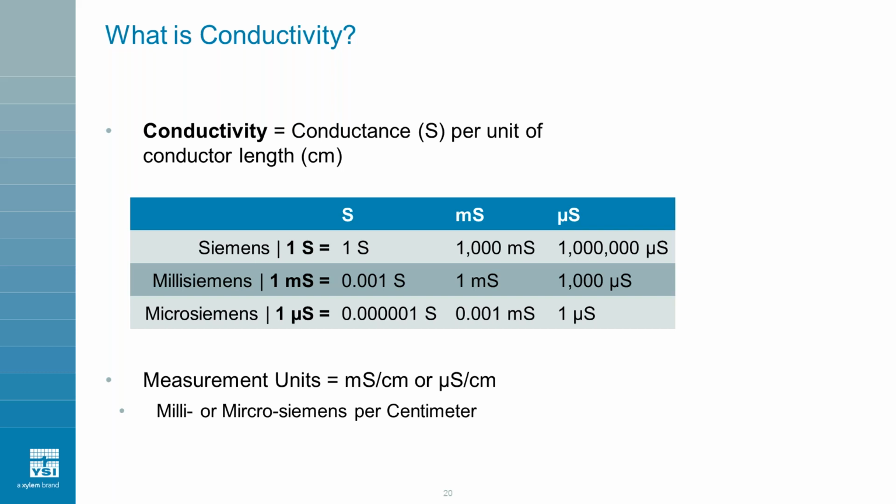Siemens is a very large unit with respect to water quality, at least in natural waters. So instead, we refer to millisiemens or microsiemens. 1 millisiemen equals 1,000 microsiemens. And since conductivity is per unit of conductor length, the units we use are millisiemens per centimeter or microsiemens per centimeter.